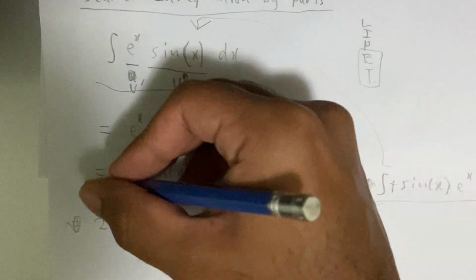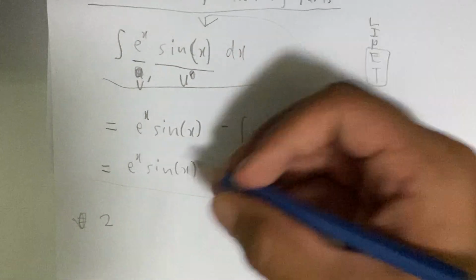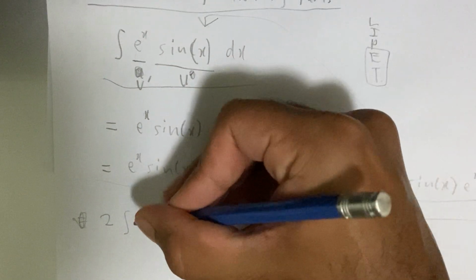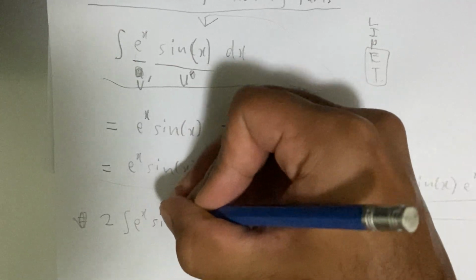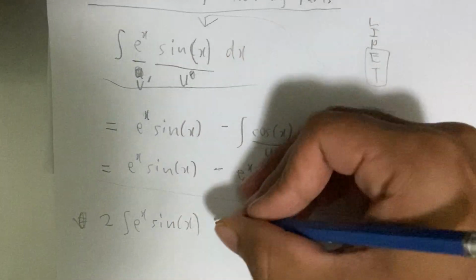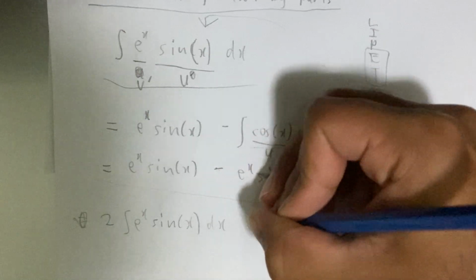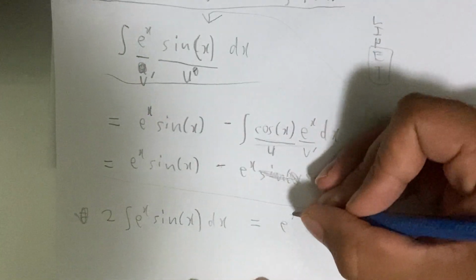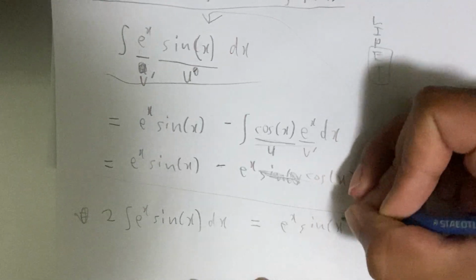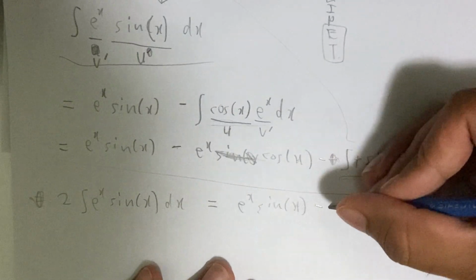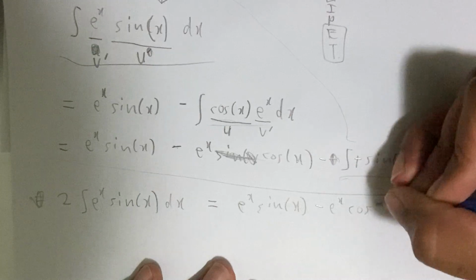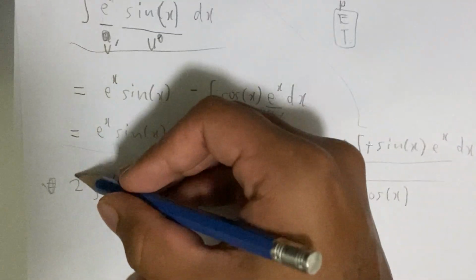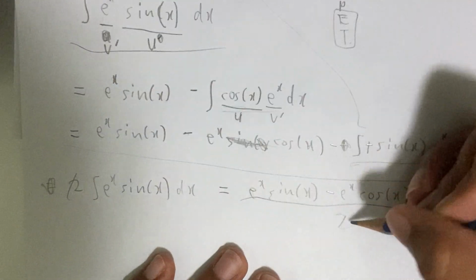We can say that 2 times the integral of e^x sine x dx is equal to e^x sine x minus e^x cos x, and then we can divide this by 2, and there you have it.